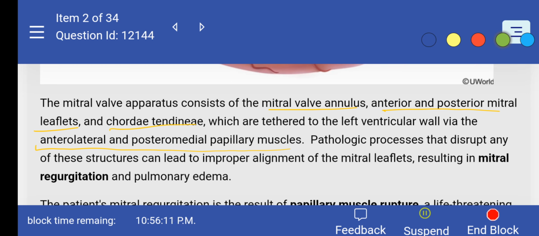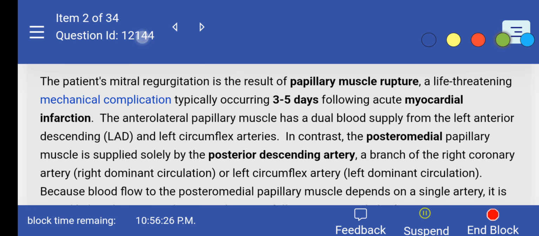Pathologic processes that disrupt any of these structures can lead to improper alignment of the mitral leaflets, resulting in mitral regurgitation and pulmonary edema. The patient's mitral regurgitation is the result of papillary muscle rupture, a life-threatening mechanical complication typically occurring within 3 to 5 days, and this is important, following acute myocardial infarction.